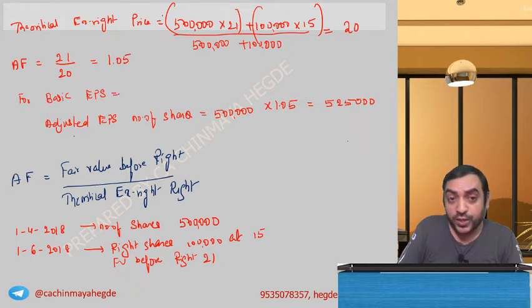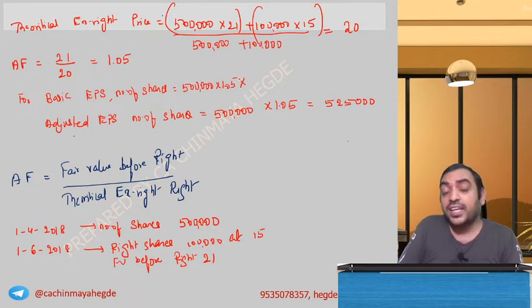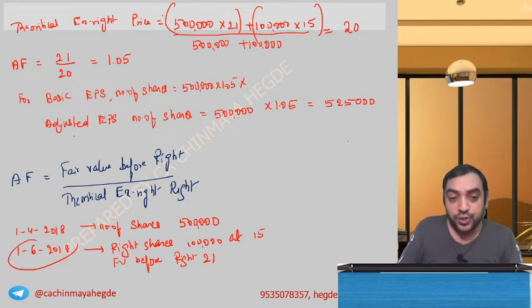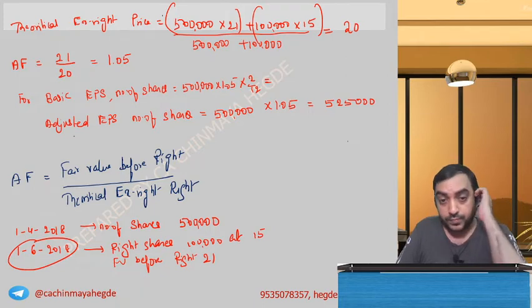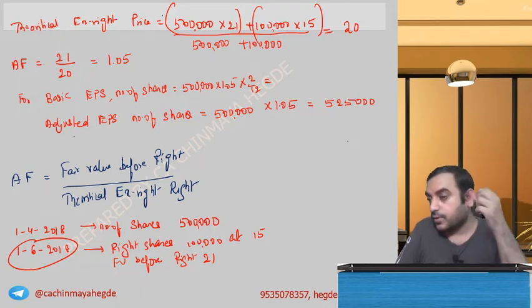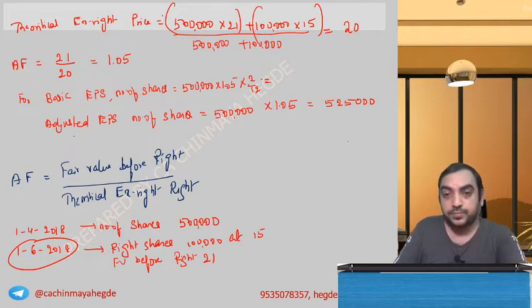For basic EPS, what do we do? We do 5 lakh into 1.05, but only up to the date of issue. Date of issue 1st of June, so 2 months, into 2 by 12. So how much you get? 5 lakh into 1.05 into 2 by 12. You get 87,500.